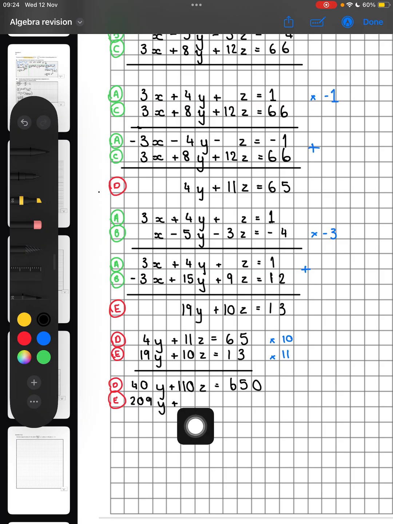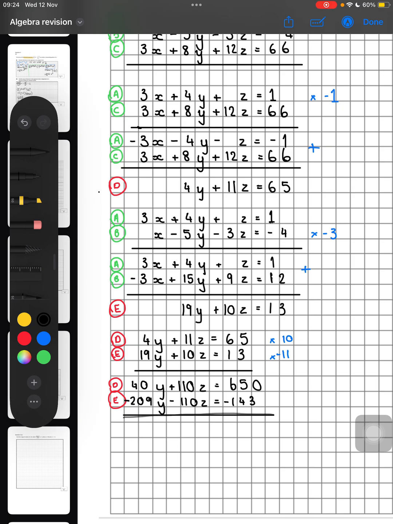So I could multiply all these by minus 11 instead. So then it's minus 209y minus 110z is equal to, and then minus 143.